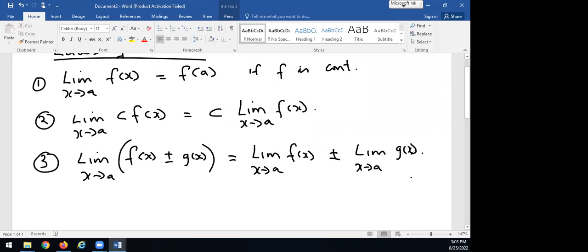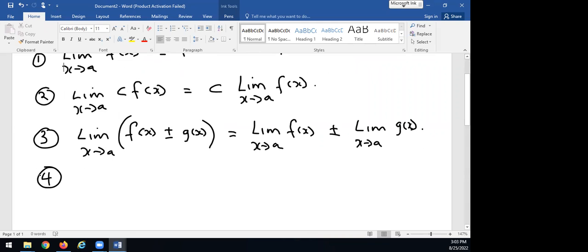And I'm going to do one last one. There are many others, but we don't need to go through them. By now, you can see that you can pretty much do any operation with your limits. You can always pull them out and split them. All right. Now, if you have the limit as x approaches a of f of x times g of x, this is when you will find the limit of the product.